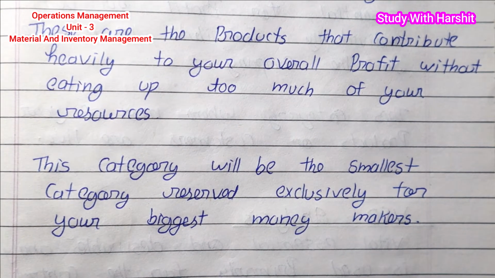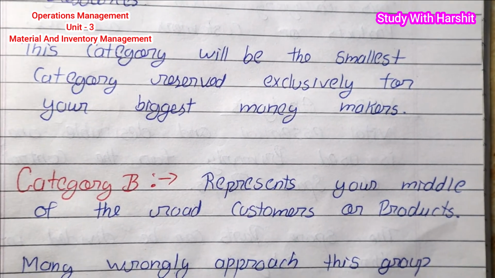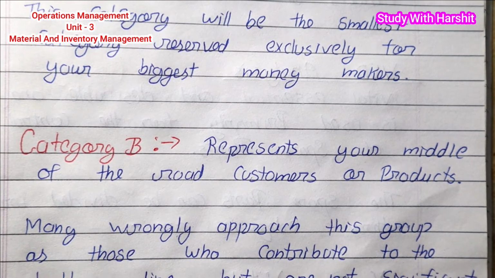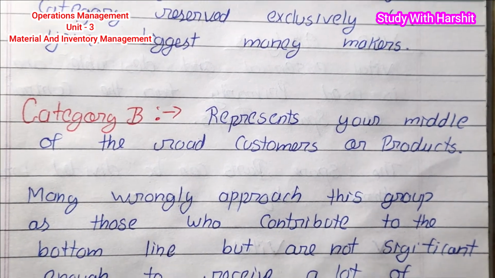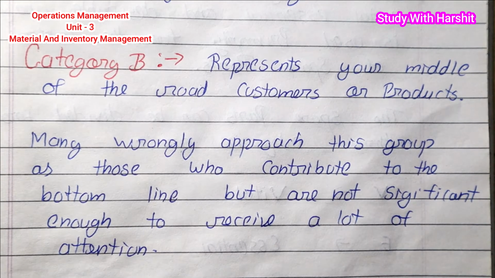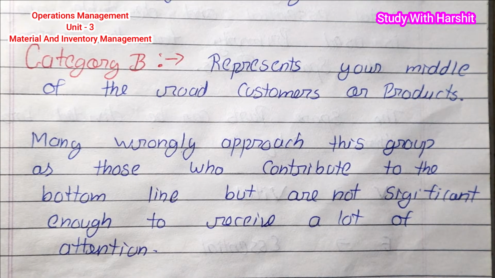Now let's discuss category B. Category B represents your middle customers or products. Many wrongly approach this group as those who contribute to the bottom line but are not significant enough to receive a lot of attention.